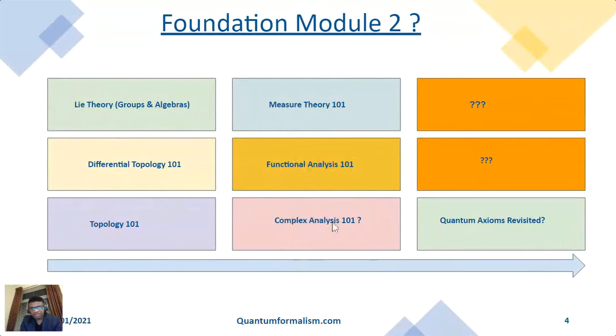But I'm also happy if people want to start from here. The basics obviously won't go too much. We will only cover things that we need. And then the idea is, after that, we'll cover measure theory, also just what we need, to then come back again and revisit the quantum mechanical axioms, but in a proper way.